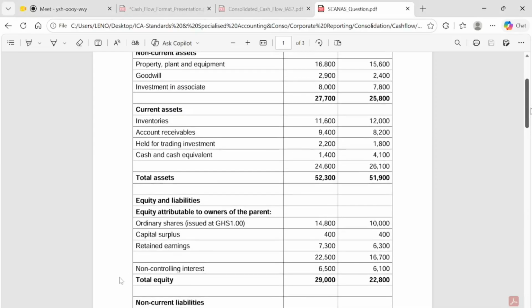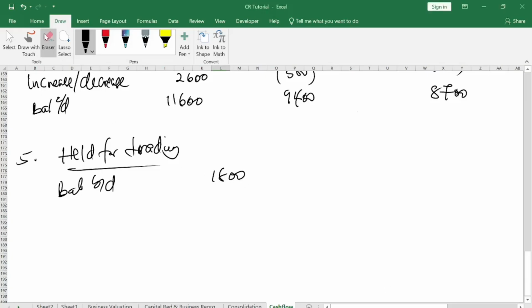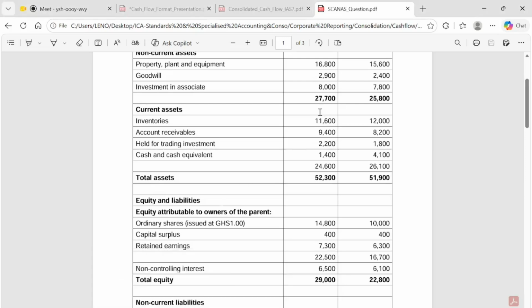And the closing is how much? Let's go back. The opening balance held for trading is 1,800, and the closing is 2,200.